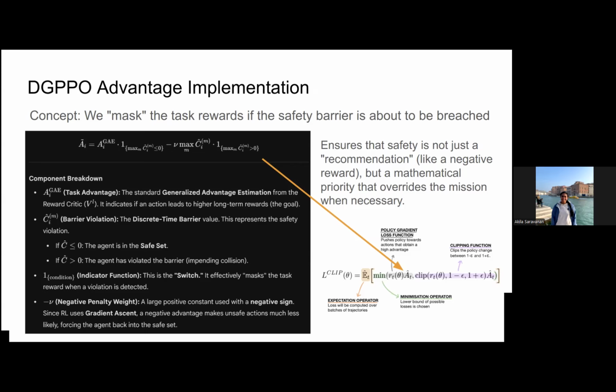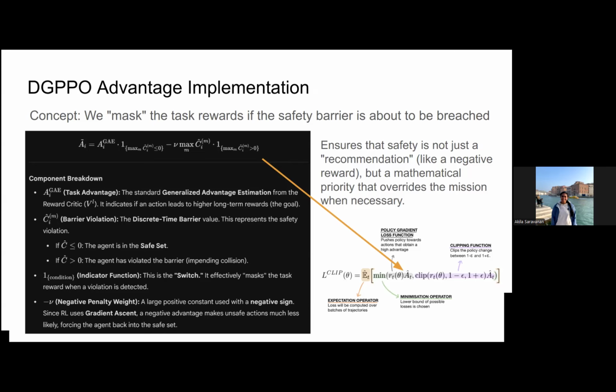You could do GRPO without the safety part, get the advantages, normalize them, and then if it also collided, you use the masking trick and hard code the advantage to be negative. This way you ensure that unsafe options never get positive reward.